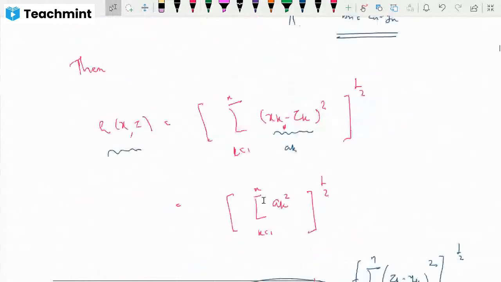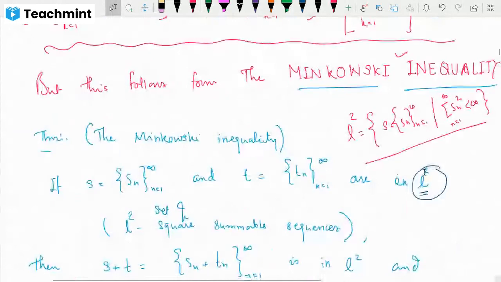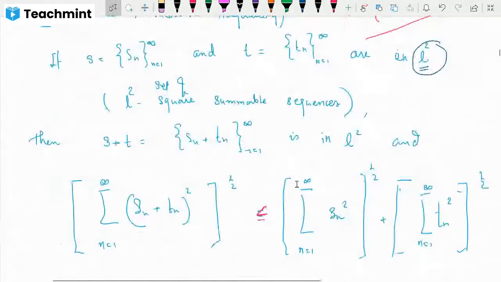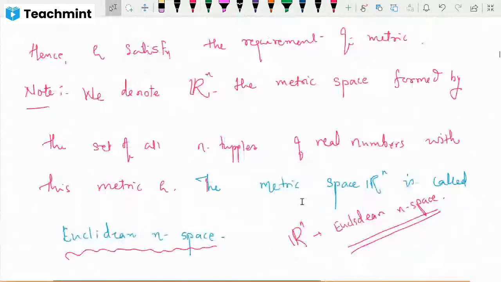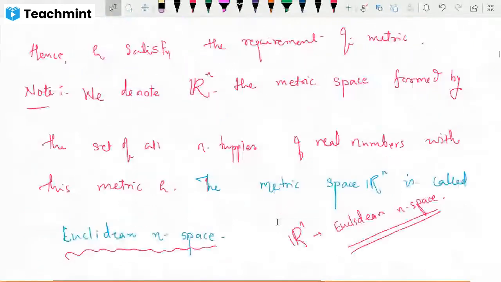It is out of our syllabus, so its proof is not given. Using the Minkowski inequality, the fourth condition is directly satisfied for this metric, and hence rho satisfies all four conditions. Therefore R^n forms a metric space with respect to rho, and this metric space is called Euclidean n-space.